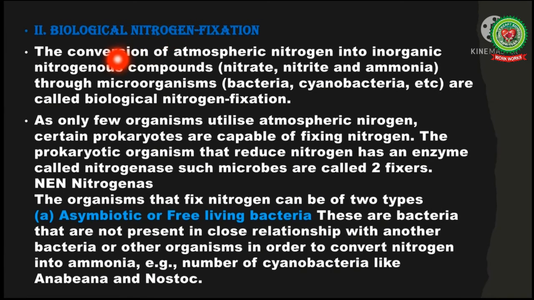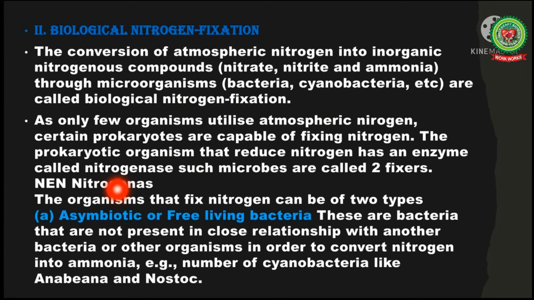Biological nitrogen fixation. The conversion of atmospheric nitrogen into inorganic nitrogenous compounds like nitrates, nitrites and ammonia through microorganisms is called biological nitrogen fixation. Only a few microorganisms and certain prokaryotes are capable of fixing nitrogen. The prokaryotic organisms have a special enzyme called nitrogenase which can convert atmospheric nitrogen into nitrates and nitrites.